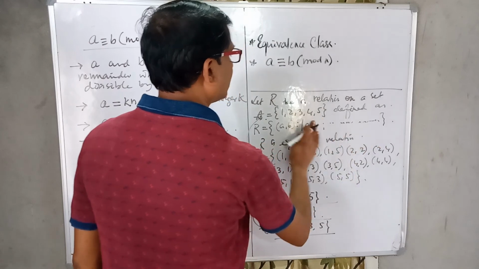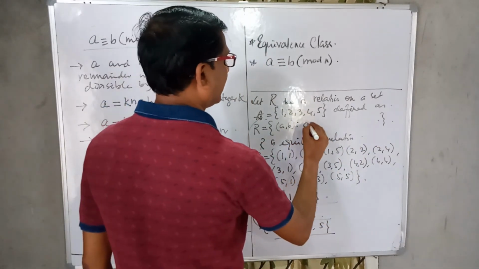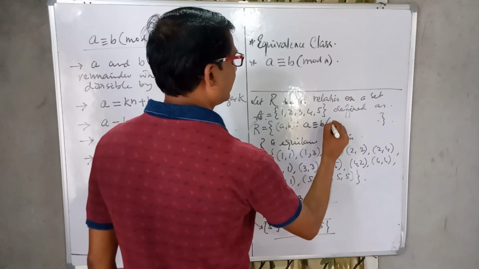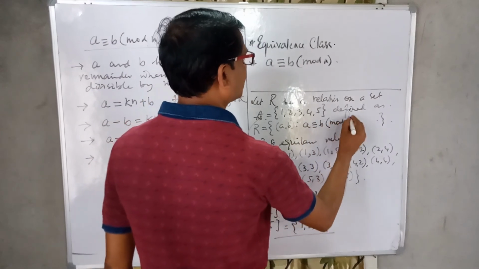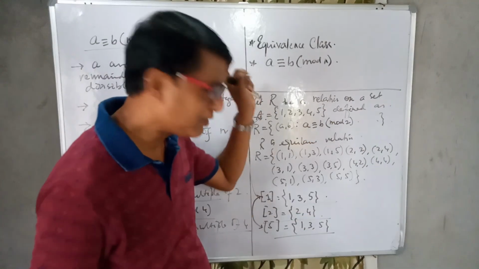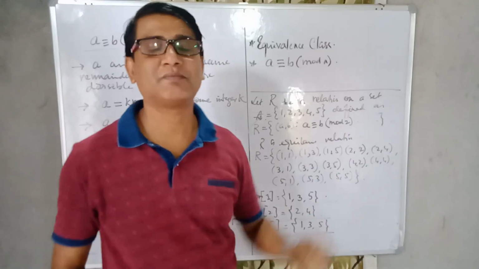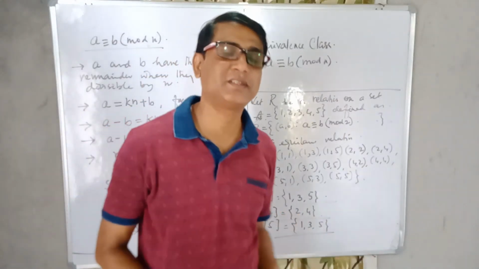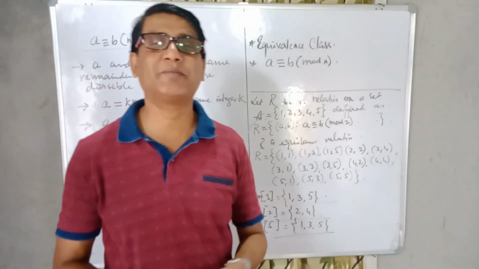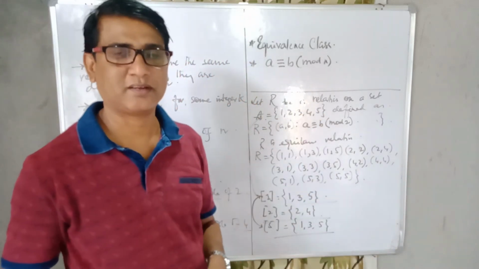Here it may be replaced by a congruent to b mod 2. The answer will be the same as what we have done. That means a minus b is a multiple of 2, that is, a minus b is divisible by 2. Ultimately, a minus b is an even number. The questions may be asked in any way.